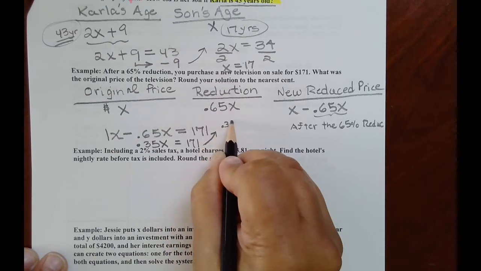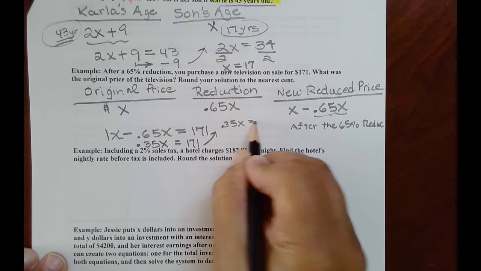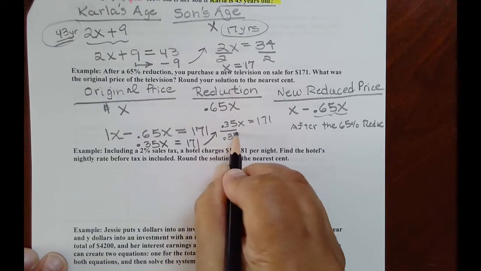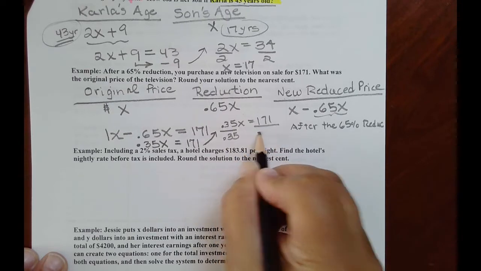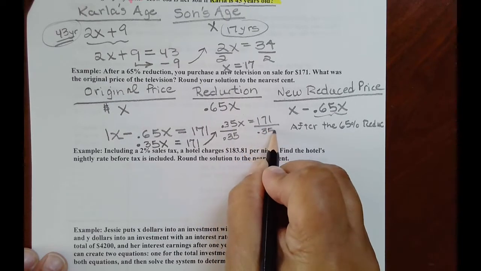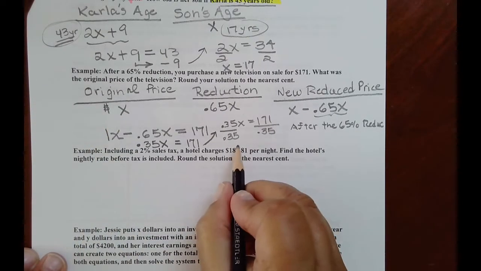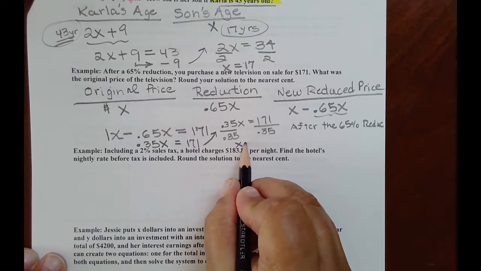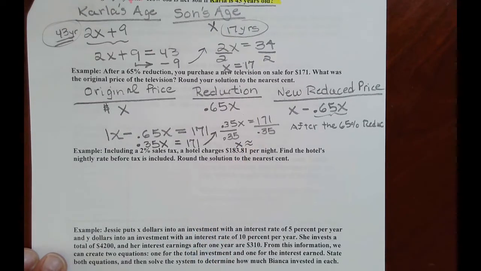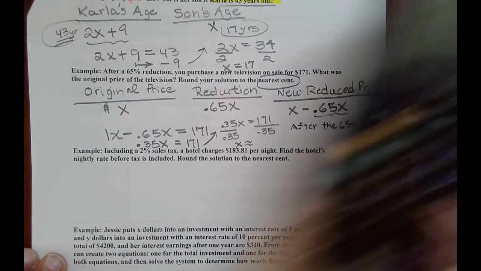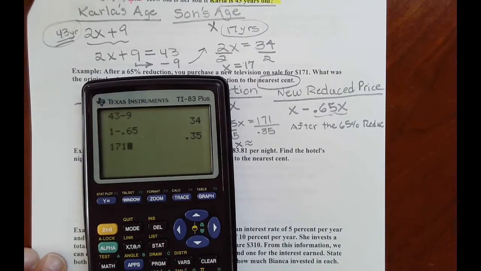So continue by dividing this side by 0.35 as well as this side. And you're trying to find the original price, which is what X stands for. And we are about to solve for X. So rounding off to dollars and cents, as you are asked to do right here, 171 divided by 0.35.